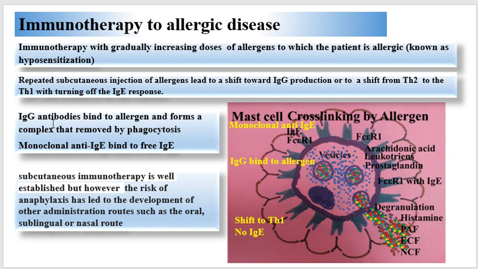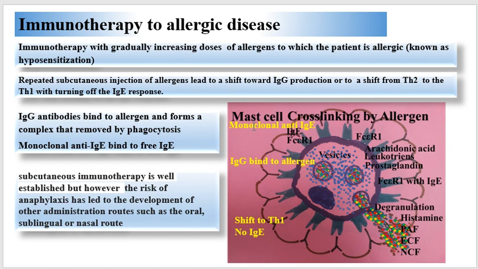IgE antibodies bind to the allergen and form a complex that is removed by phagocytosis. Monoclonal anti-IgE also will bind to free IgE antibodies.